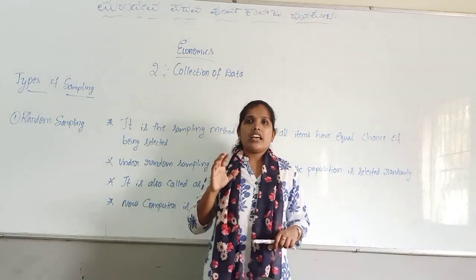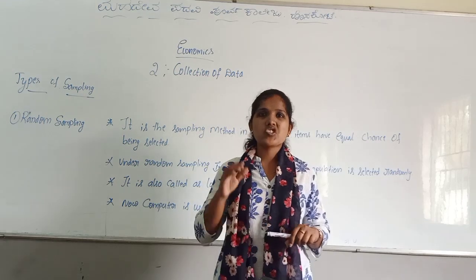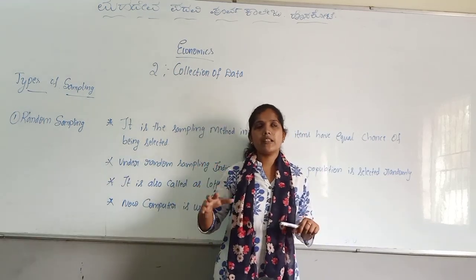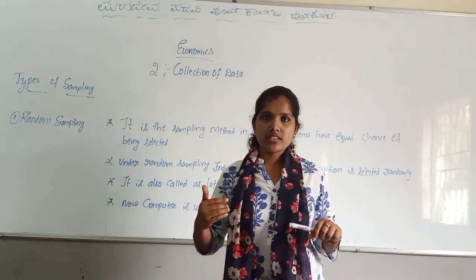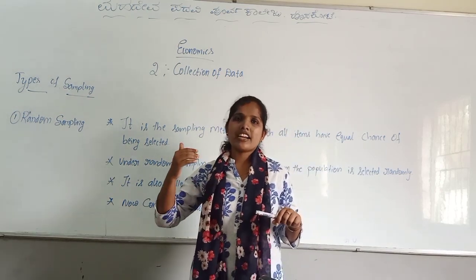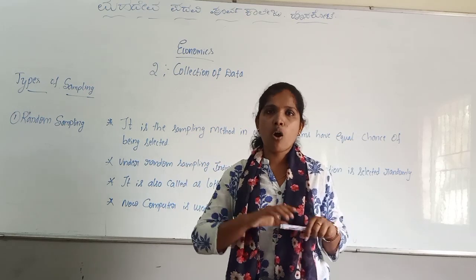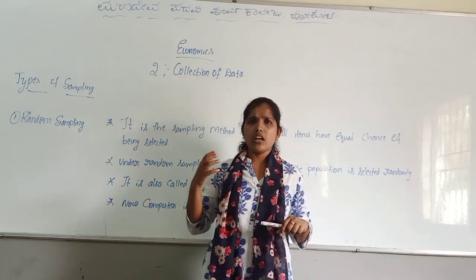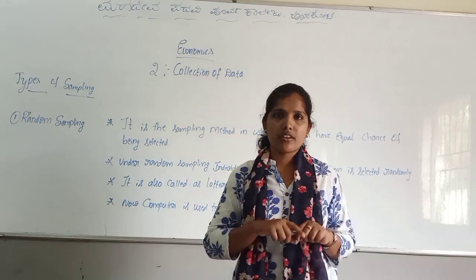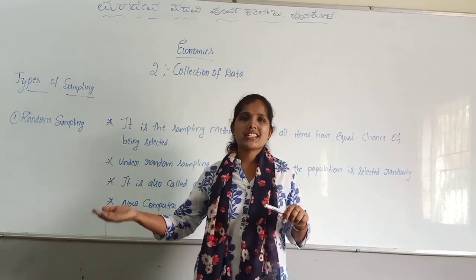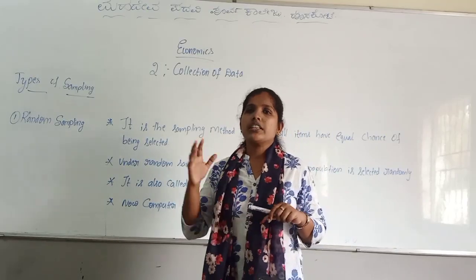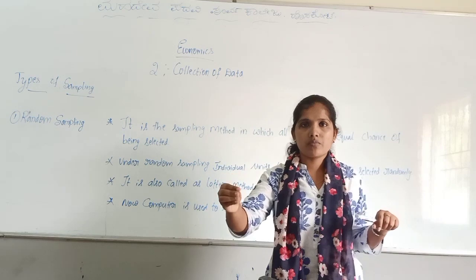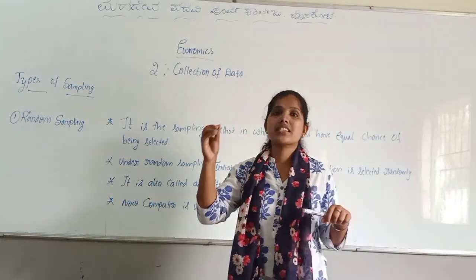For example, in one function they will arrange 100 to 200 chairs in the hall. Whenever the persons want to attend the function, they will come, and as they come, they will select the chair or the place which is comfortable to them. So randomly they will select and sit.